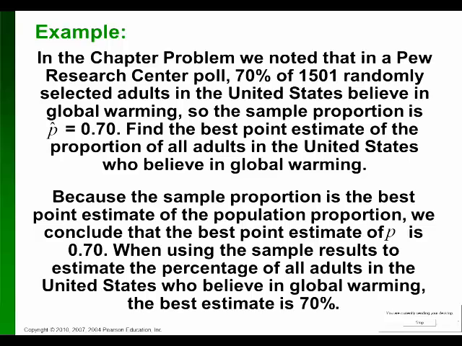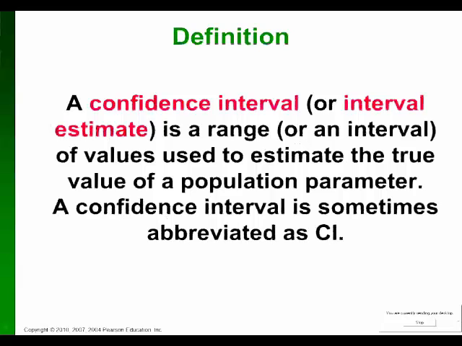A confidence interval or interval estimate. I'm just going to use confidence interval. A confidence interval is a range or an interval of values used to estimate the true value of a population parameter. A confidence interval is sometimes abbreviated as CI. You know that problem that we were doing with Sam, the 8 ounces of Coke in a can.